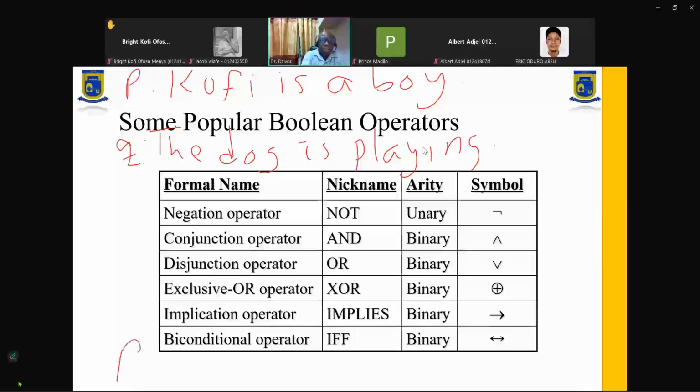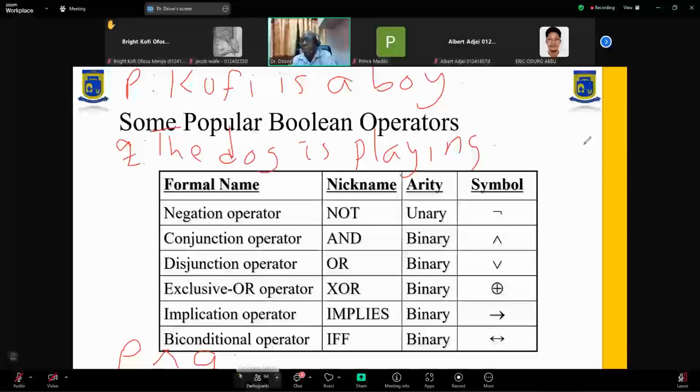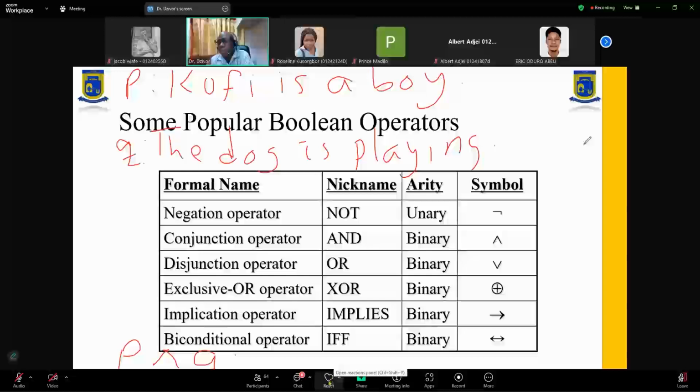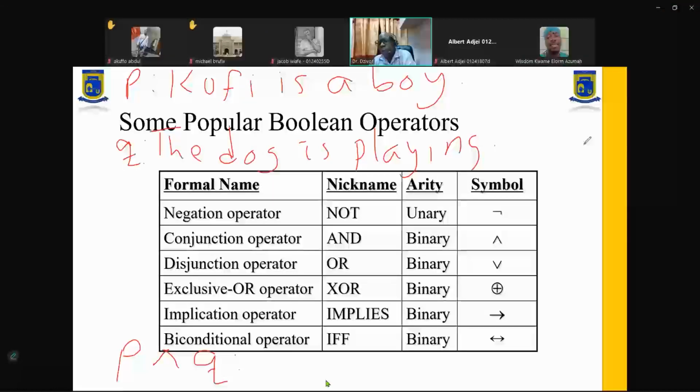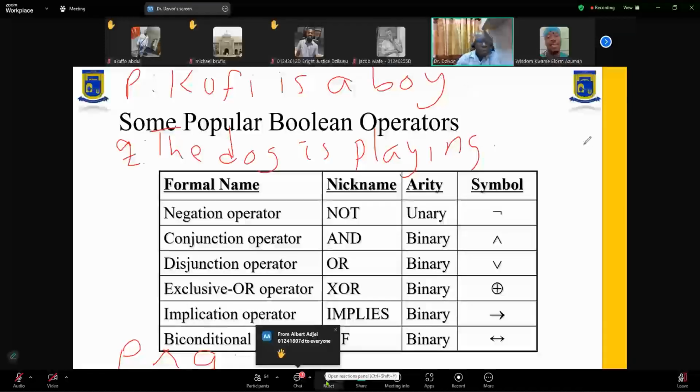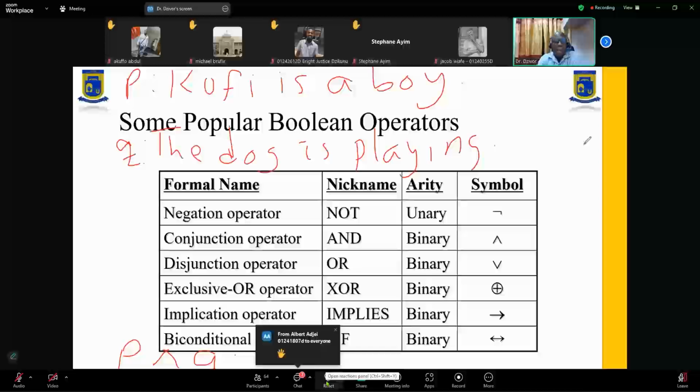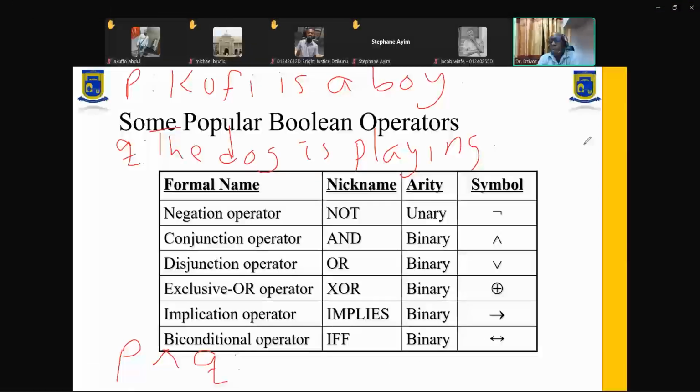What will this statement be? P and Q. There are a lot of hands up. Akufo, please unmute yourself and talk.